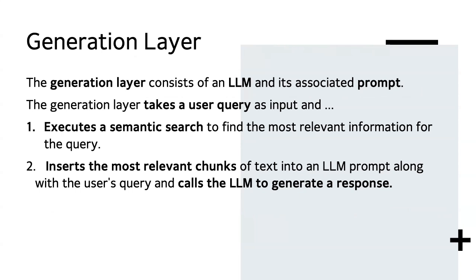The generation layer consists of two things. First one is the LLM and second one is the prompt. The generation layer takes the user query as input and executes a semantic search to find the most relevant information for the query. And it inserts the most relevant chunk of text into an LLM prompt along with the user query and calls the LLM to generate the response.